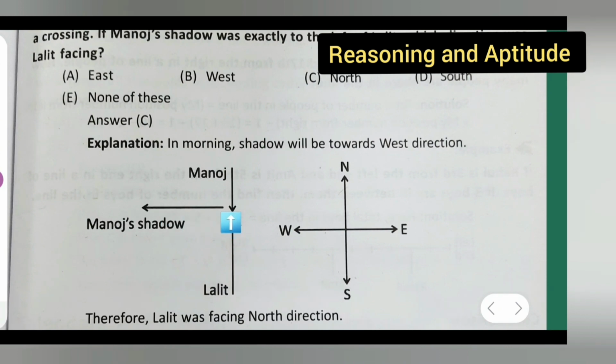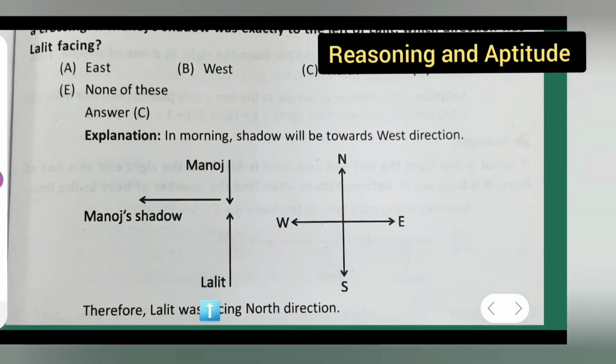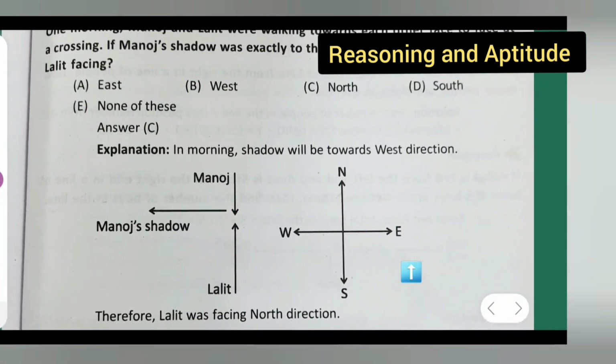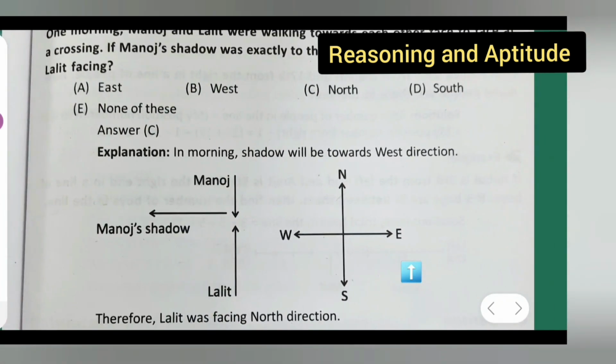There is a crossing over here. Manoj's shadow is to the left of Lalit. Which direction was Lalit facing? North direction. Therefore Lalit was facing the north direction. So option C is the correct option.